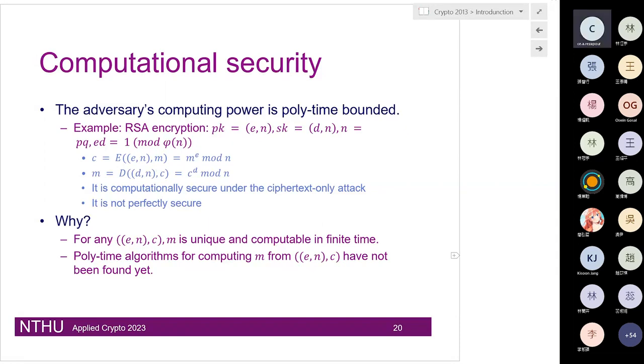But before we get to here, we talked about one-time pad and how it is perfectly secure, meaning that no matter how much computation time we give to the adversary, they can't break the system. But the other version of algorithms, on the other hand, are computationally secure, which means that as long as we assume that the attacker has limited computational power, then this sort of crypto system can remain secure.